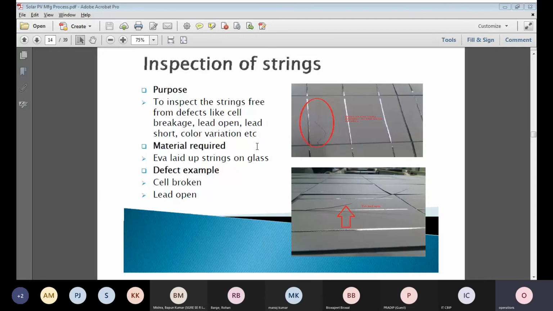The module will be separated grade-wise. So before that we need to thoroughly check that not even a single problem goes to the lamination side, so we check in different stages. One is inspection at the string level. If there are any cracks, we desolder and resolder with a good cell.